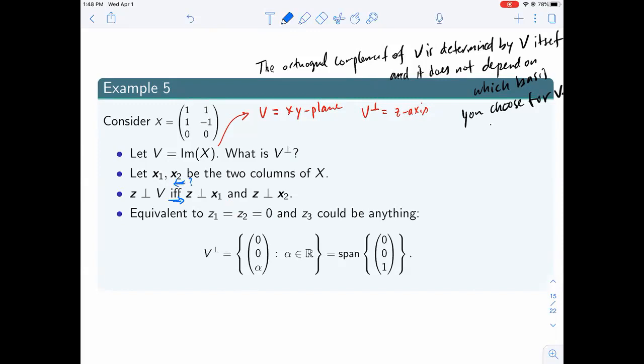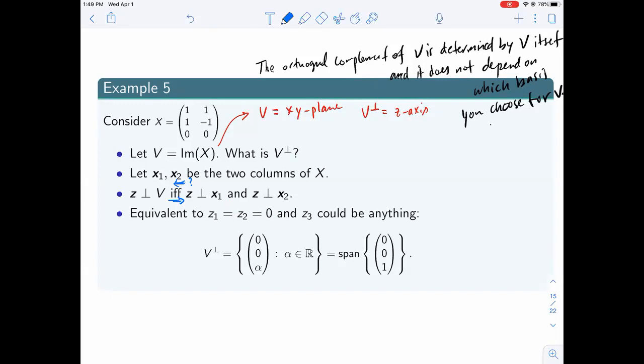And you can verify that this is true because even if they are not independent, let's say one is a multiple of the other, one of these is not necessary. So let's say x2 is 2 times x1. So z being orthogonal to x1 is enough; the other one is extra. Once z is orthogonal to x1, then z is orthogonal to V. So if I add something extra there, it's okay.